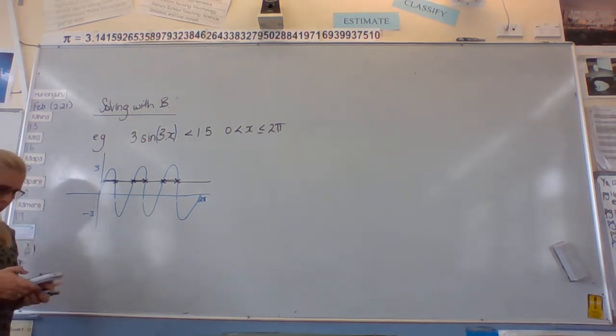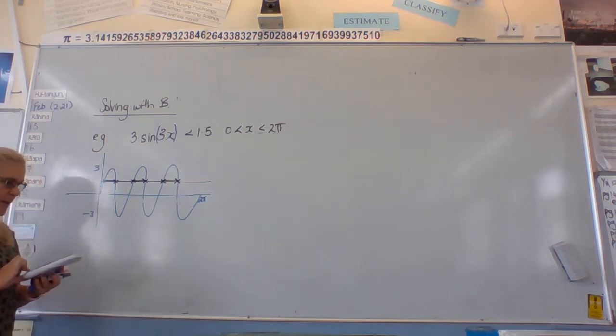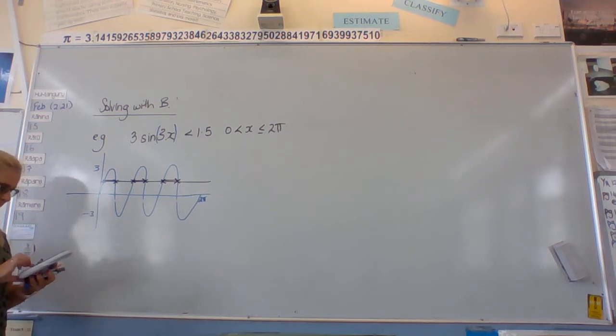Right, put it in your graph, put it with the brackets in, so 3 sine bracket 3x bracket. And on the next line, 1.5, change your view window to between 0 and 2 pi. And change your y to between -4 and 4.